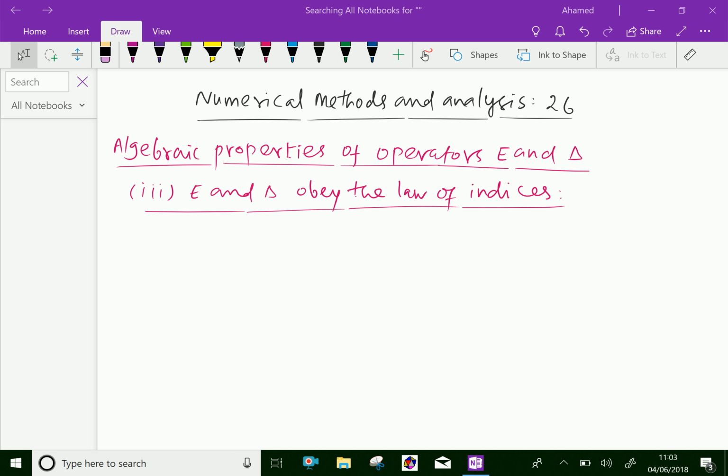The operators E and delta obey the law of indices.